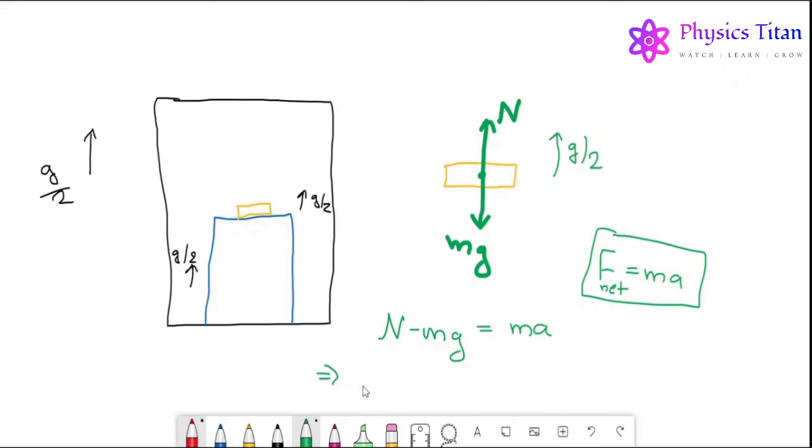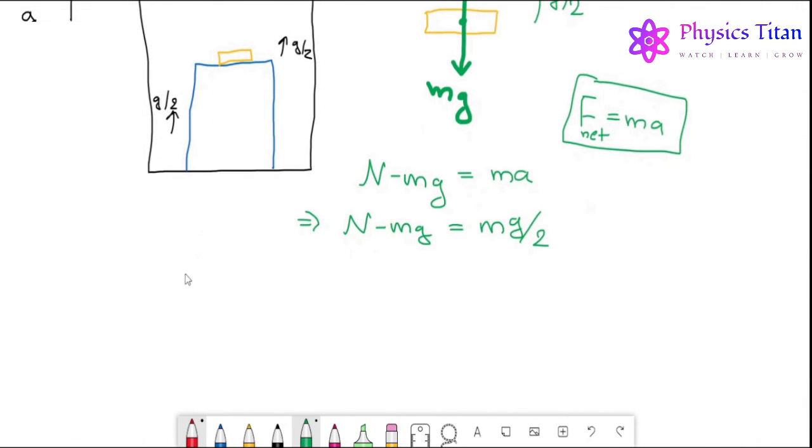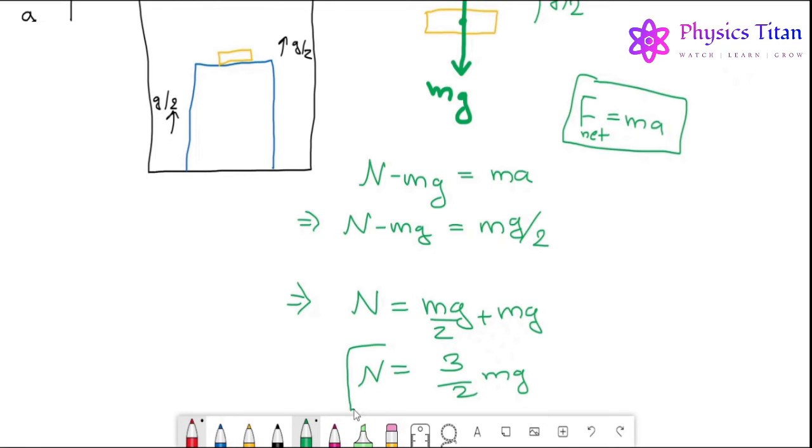Rewriting it again, N minus mg will be equal to m times, what is the acceleration? g by 2. That means the normal reaction is equal to mg by 2 plus mg, which is equal to 3 by 2 mg. This is the normal reaction on the book by the table.